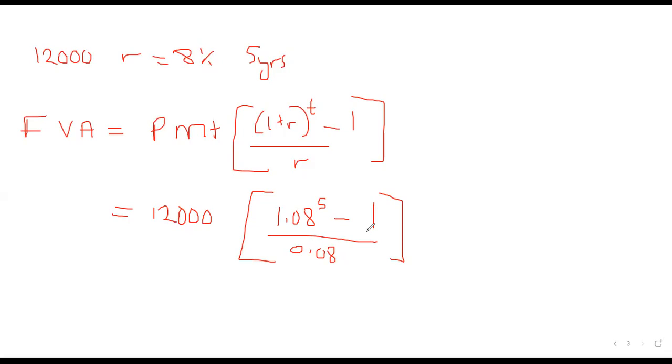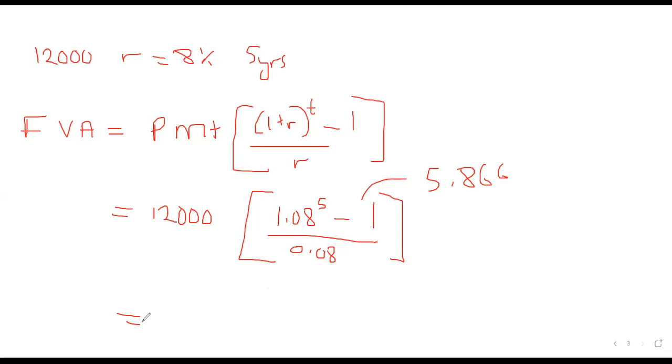minus 1, divided by 0.08. What you're going to get here will be 5.866. So you multiply it by 12,000.